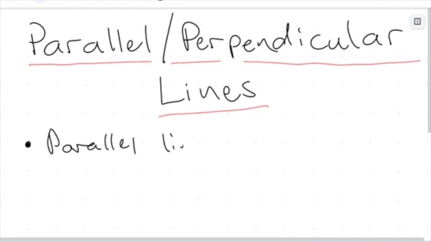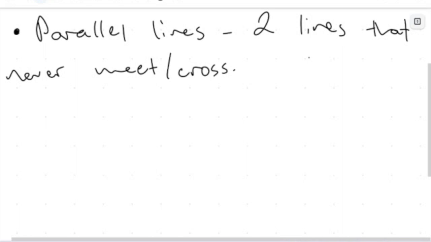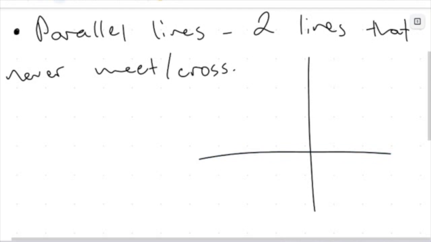What are parallel lines? Well, parallel lines, from early geometry you may remember, are just two lines that never meet or cross. So if I were to draw an XY plane and draw any two lines, say this one and this one, these two lines look kind of skewed, right?